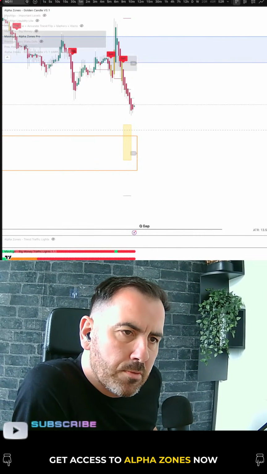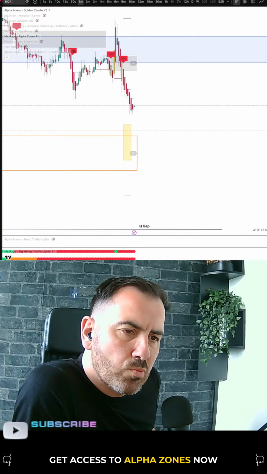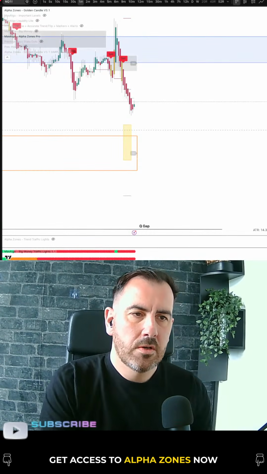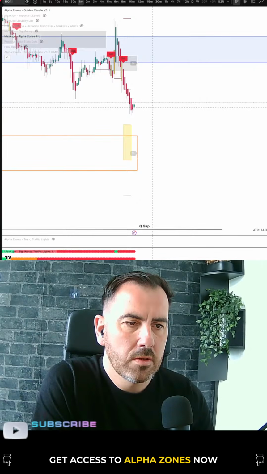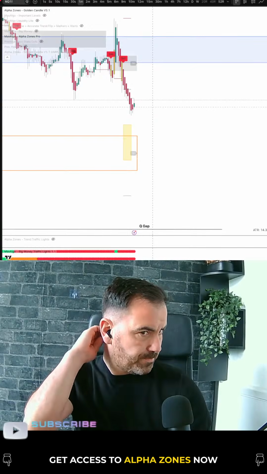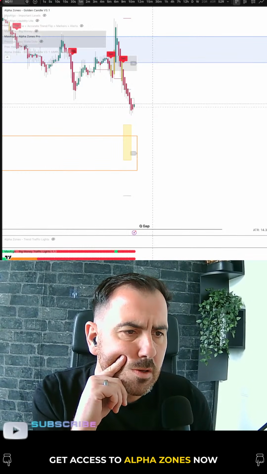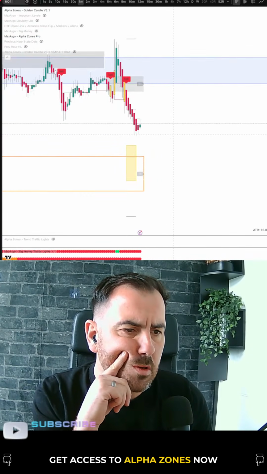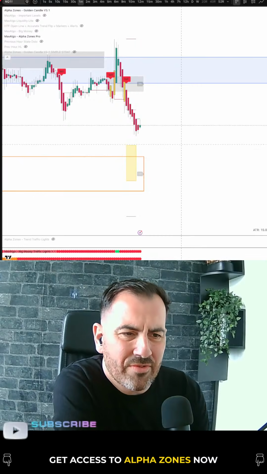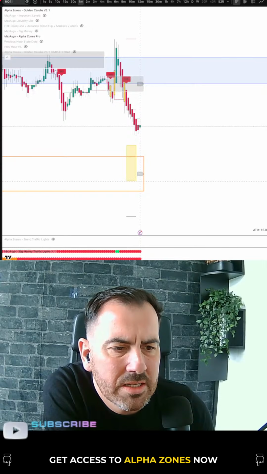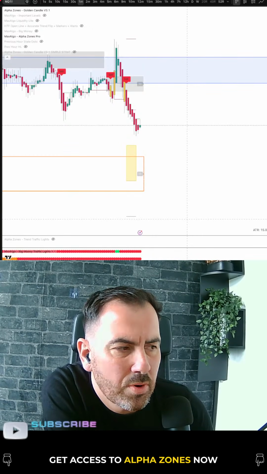A little tap back up. We're not looking to go really far. Get to BE in here. Try and get it pushed down into at least our 1R. Preferably.